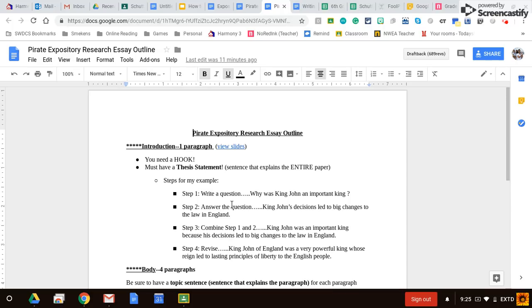You combine your step 1 and your step 2. King John was an important king because his decisions led to big changes to the law of England. Then you revise it. King John of England was a very powerful king whose reign led to lasting principles of liberty to the English people. So that's my thesis statement.